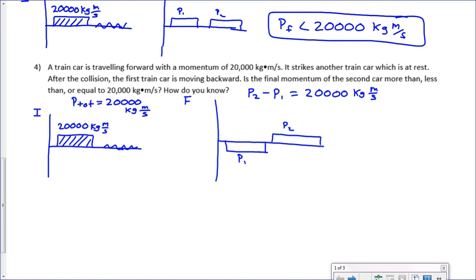If P1 was 1,000, P2 would have to be 21,000. If P1 was 5,000, P2 would have to be 25,000. So in this case, P2 is greater than 20,000 because it has to make up for the fact that P1, or train car number 1, has a negative momentum.